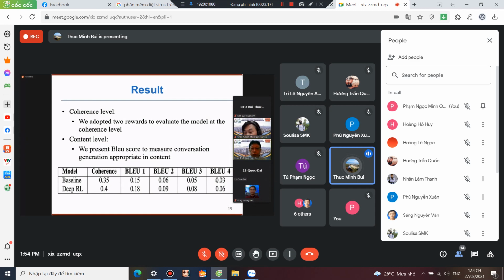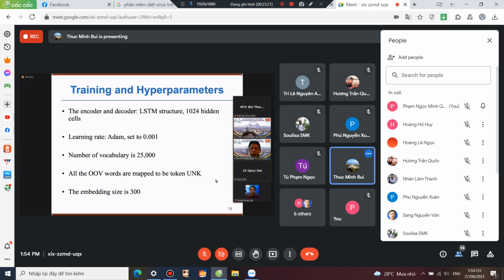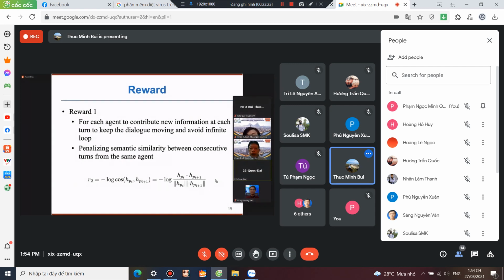I have two questions. Please go to page 15. Here, is it possible for the value of the denominator in the reward to be equal to 0? That is, is it possible for the norm of h_p to be equal to 0? Oh, yes, Professor.